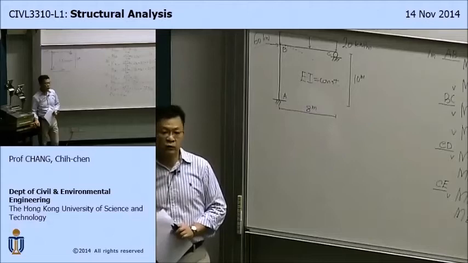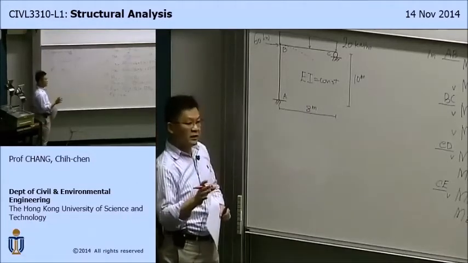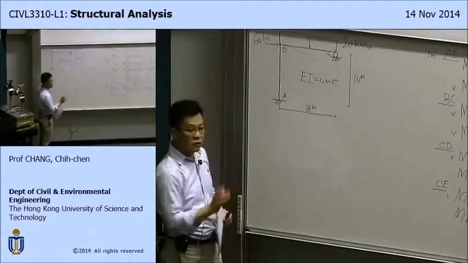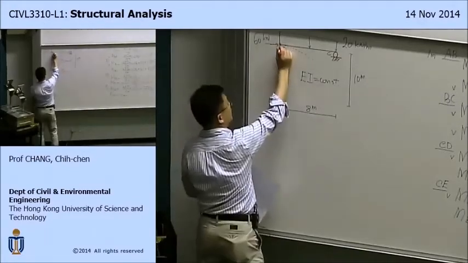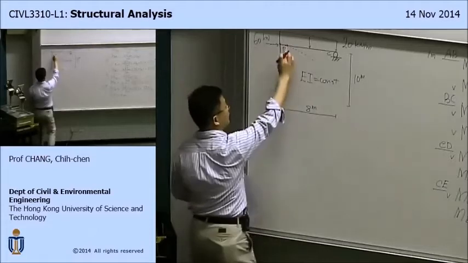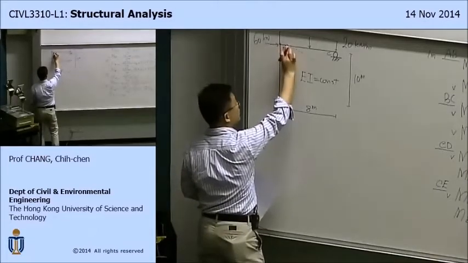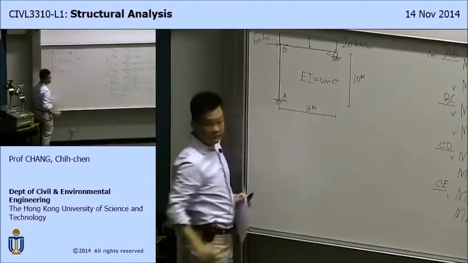We always assume that this is a linear structure behavior. So deformation is restricted to very small values. So in other words, this point is going to be restricted to move in the perpendicular directions. Okay, because of small deformations and inextensible assumptions.